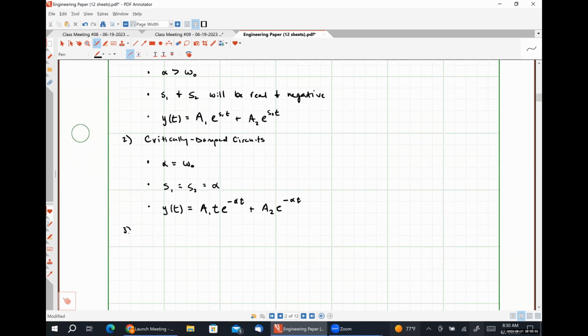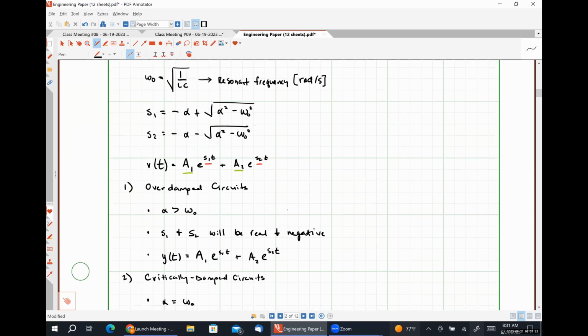Our third possibility is what we call an underdamped circuit. And in an underdamped circuit, alpha is less than omega naught. So when alpha is less than omega naught, let's scroll up here and look at this expression really quickly.